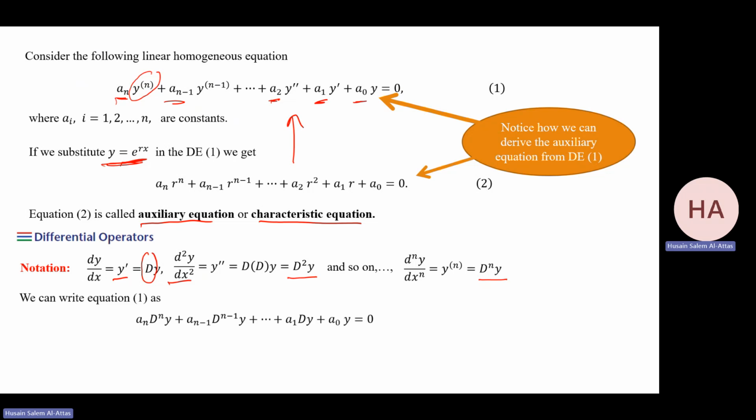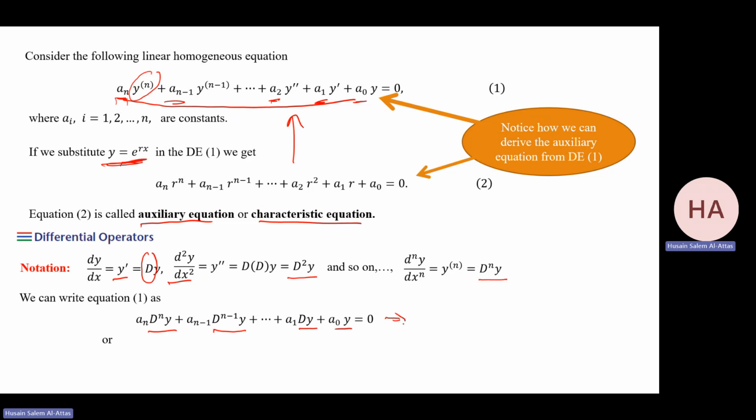So this equation, I can rewrite it in this way. Capital D^n operating on y instead of y to the power n. So I can take y as a common factor.